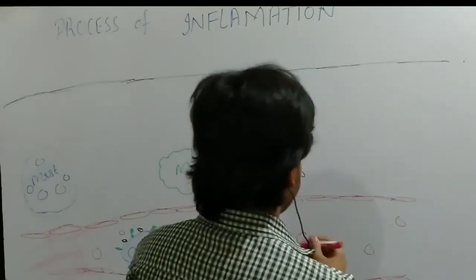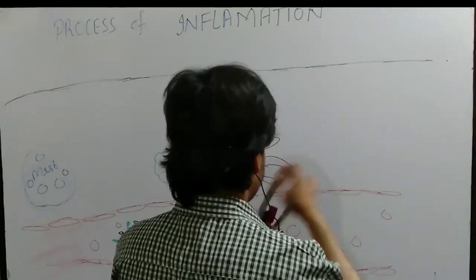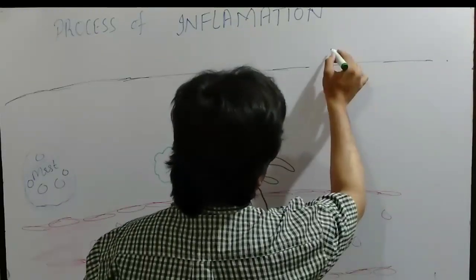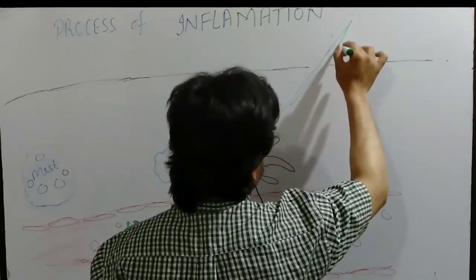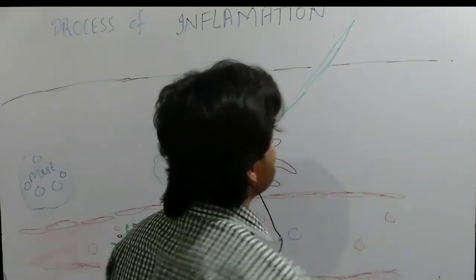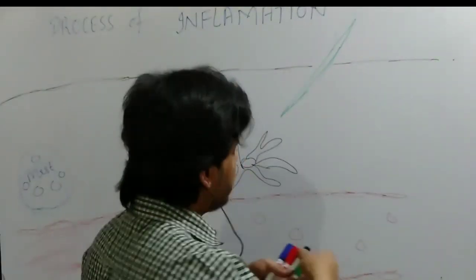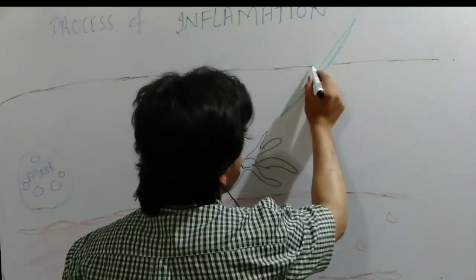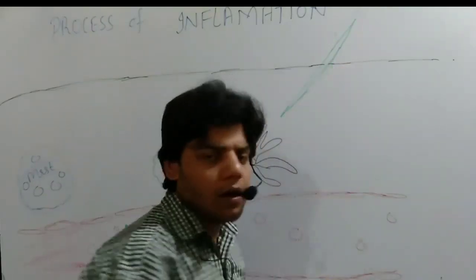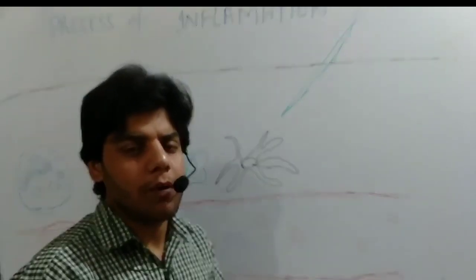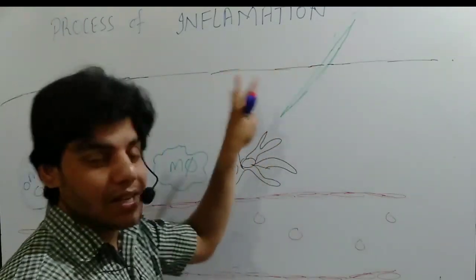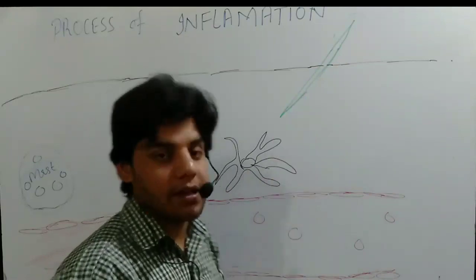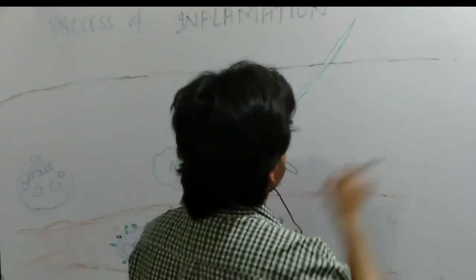A splinter is a small fragment of wood which is very sharp, and it can penetrate our skin. So let's say our skin is injured by this splinter. Let me write: this is the splinter.